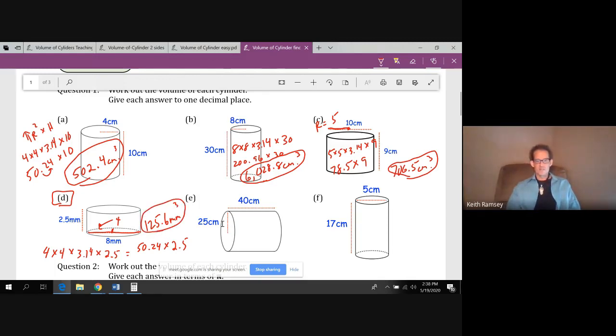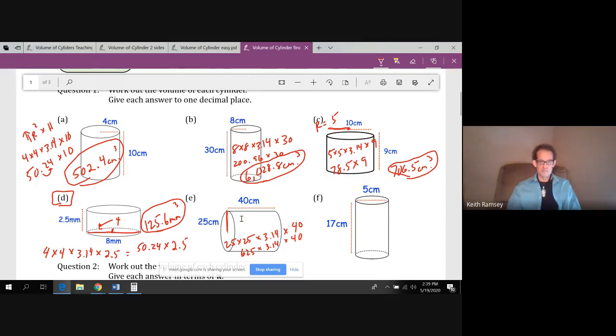Let's look at E together. So this one, they give you what you want. They give you the radius, halfway. So you just take that, 25 squared is 25 times 25, times 3.14, times the height, which is 40. So 25 times 25 is 625, times pi, times 40.